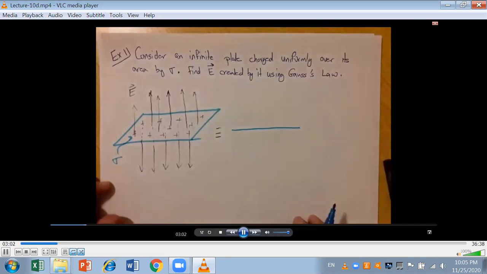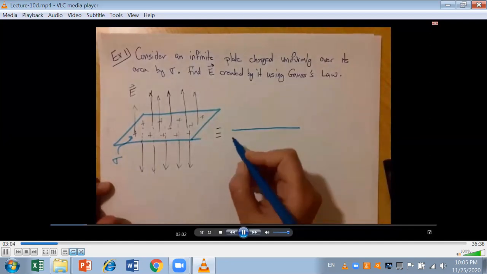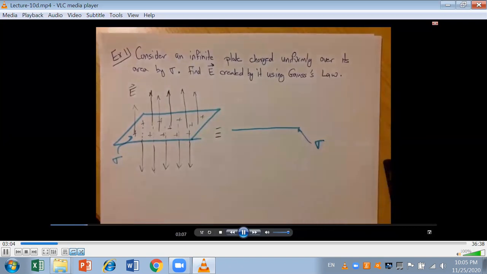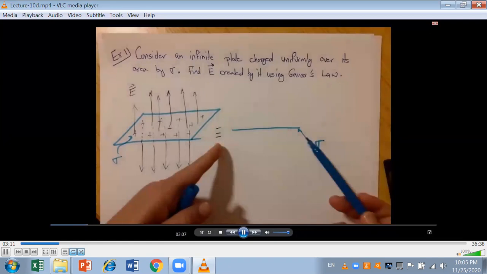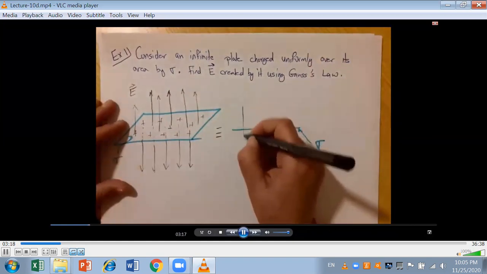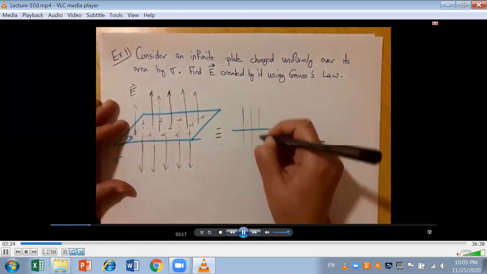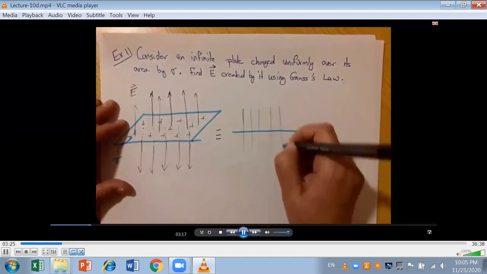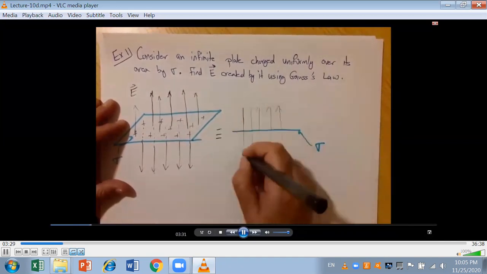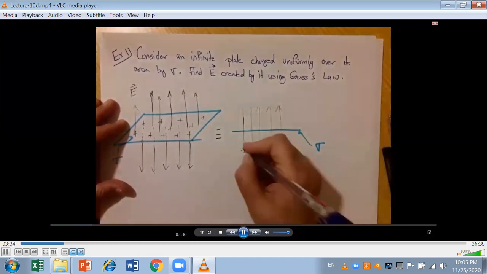But how can I tell it's not a line, it's a plate? Just see that it's charged by sigma, meaning over area, whereas a line has no area, it has length. So when charged by sigma, it's a plate, and I'm saying positively charged. So the electric field is directed perpendicular to the plate and away.